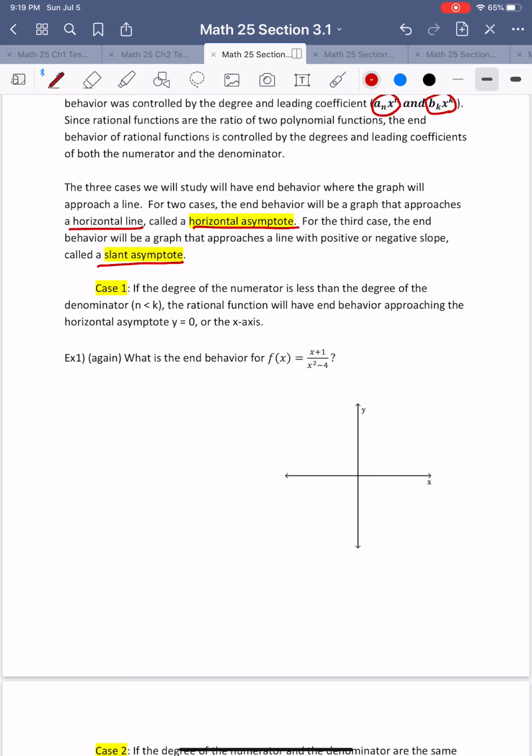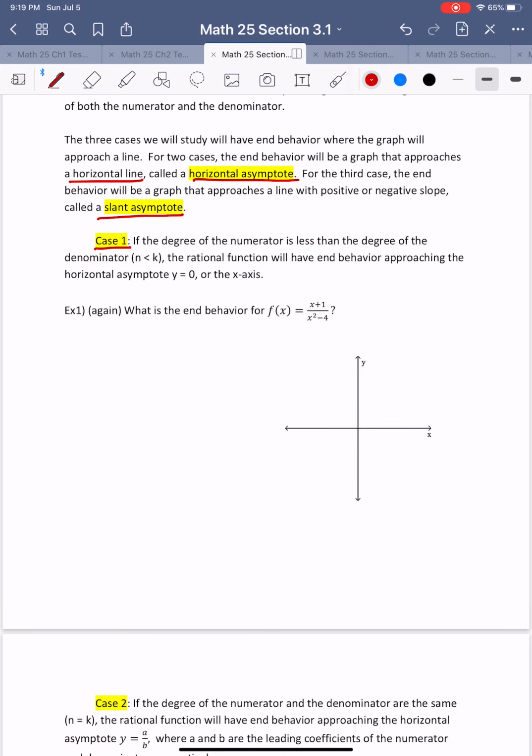So case 1, we get a horizontal asymptote. If the degree of the numerator is less than the degree of the denominator, so n less than k, the rational function will have end behavior approaching the horizontal asymptote y equal to 0. So what is the end behavior for this function? The degree of the numerator is 1 and the degree of the denominator is 2.